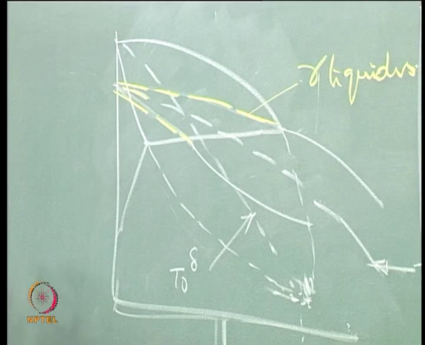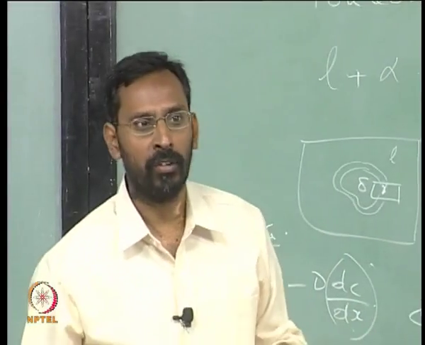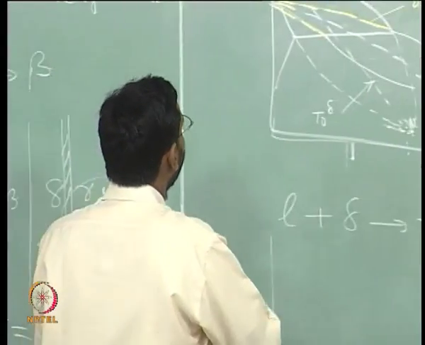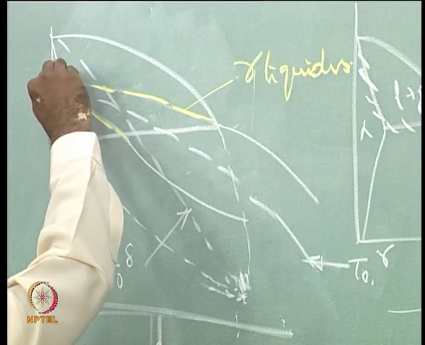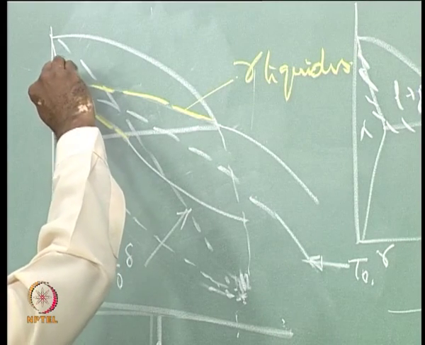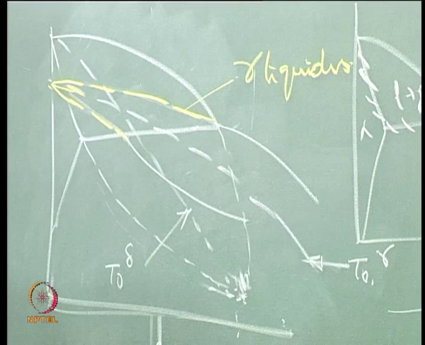Ultimately what is the left axis? It is a pure metal for me. That is why, if you remember the question paper that you had, possibly in the next class we will take up that question paper and try to solve that. So, you should see that these two ultimately should reach the same point, and this is the T naught that we are talking about.